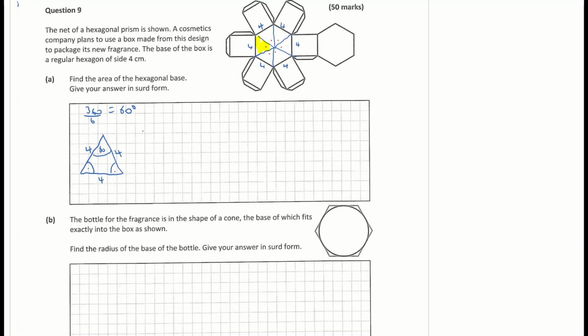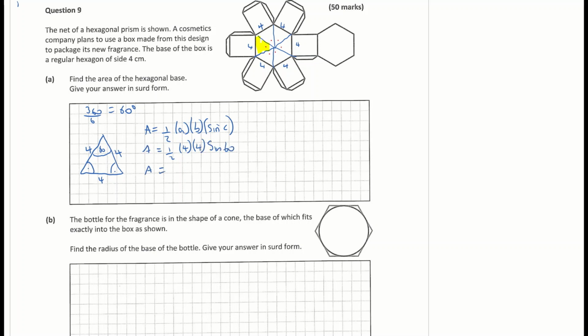So if I get the area of one of these triangles, so area is equal to, well, I can use half the base by the perpendicular height. We can go off and use Pythagoras to get the perpendicular height. It's just easier maybe to use half ab sine C for this particular question. And that'll give me half times 4 times 4 times sine 60. And that'll give me the area of one of the triangles.